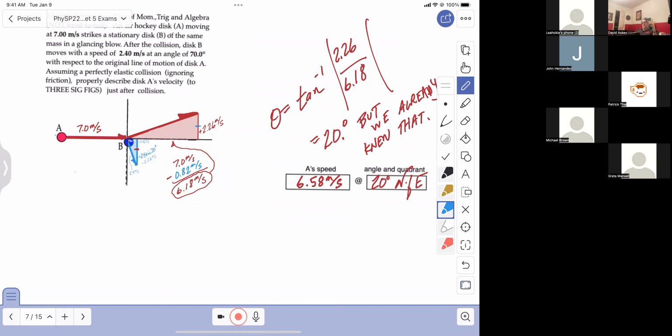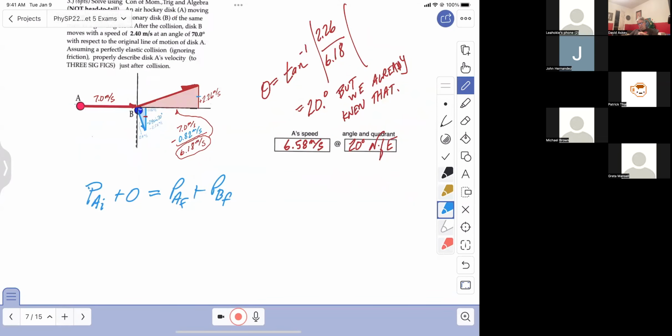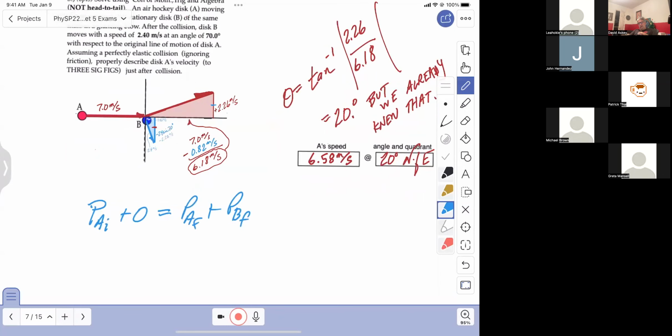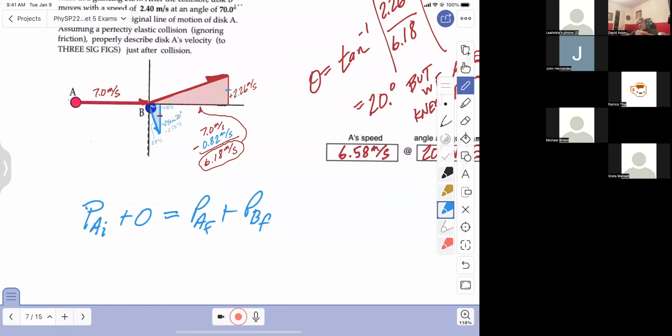You have to be careful, because in this case we have PAI plus 0, because PBI isn't moving, equals PAF plus PBF, and we're supposed to solve for PAF. I know the blue is B, so I know PBF. So I say PAI minus PBF equals PAF.